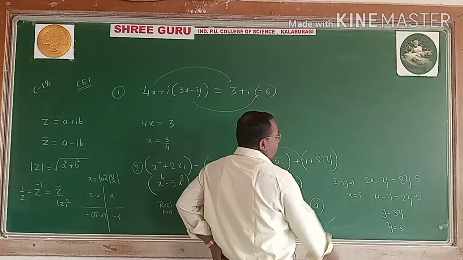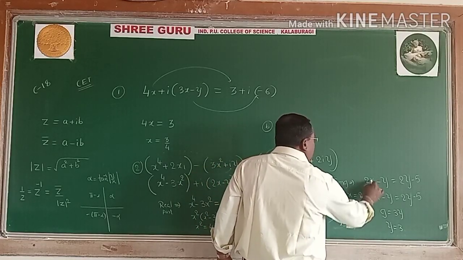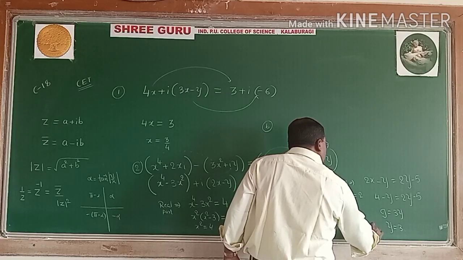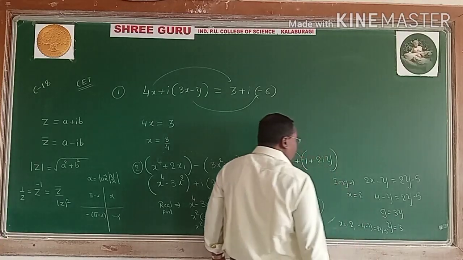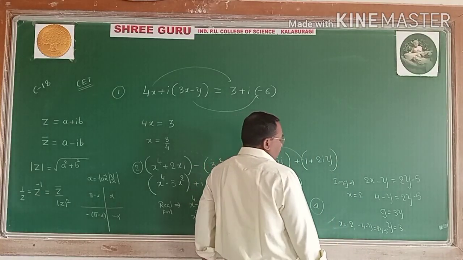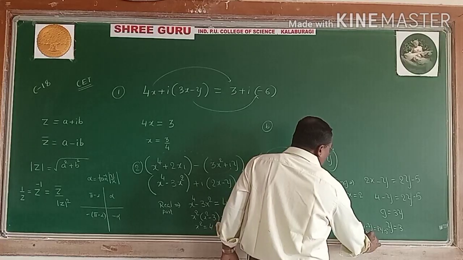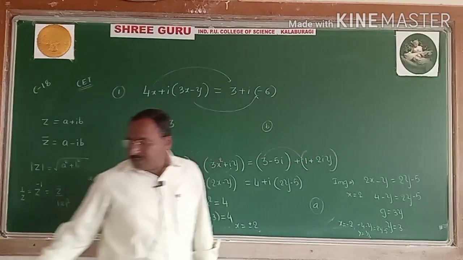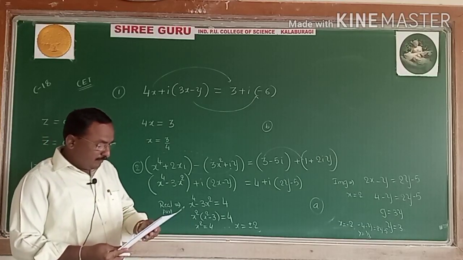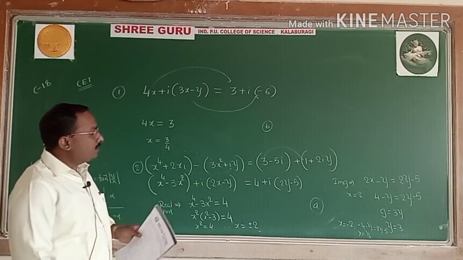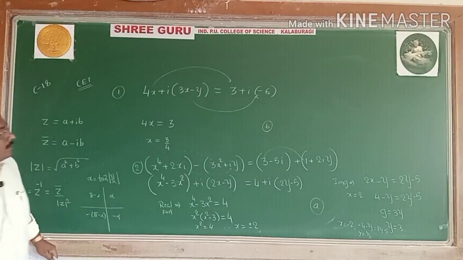Another one: if x is equal to minus 2, minus 4 minus y is equal to 2y minus 5. 3y is equal to 1, y value 1 by 3. So the first option is the correct answer. One value 3, one value 1 by 3. Option A.